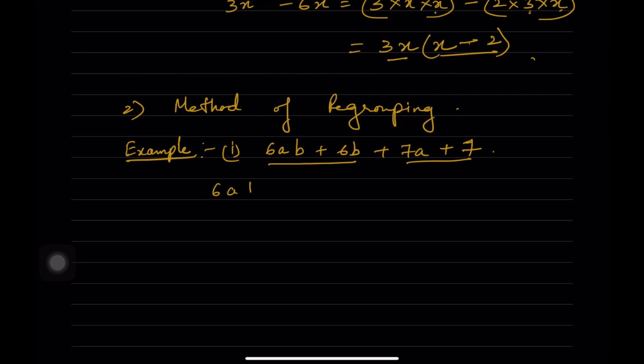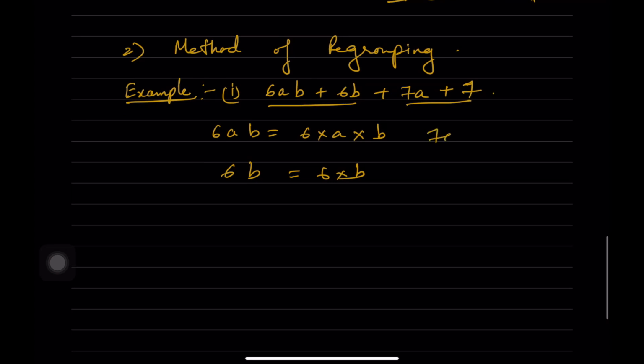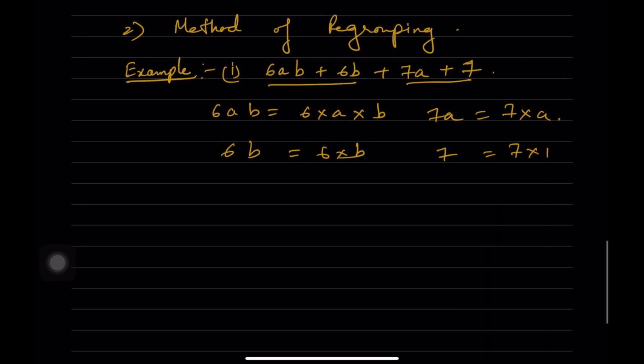6ab can be written as 6 into a into b. 6b can be written as 6 into b. Then 7a can be written as 7 into a, and 7 is 7 into 1. 1 is a common factor for everything, so there is no need to take that.